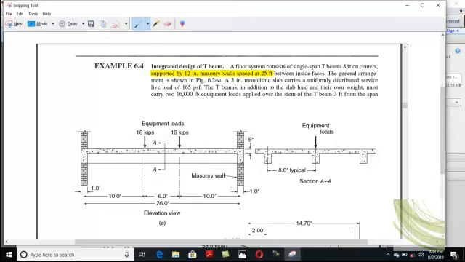The beams are supported at 12 inches. This width is basically 18 inch, but they considered the center to center distance.